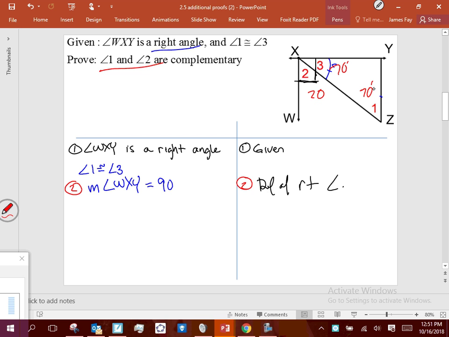Does that make sense? Okay. There's going to be a theorem, maybe tomorrow, about this idea, which allows us to get to this conclusion a lot quicker.